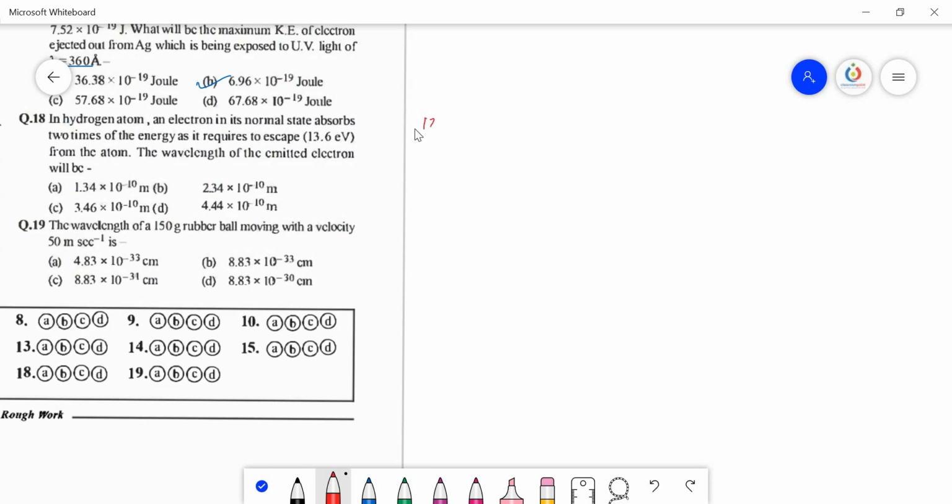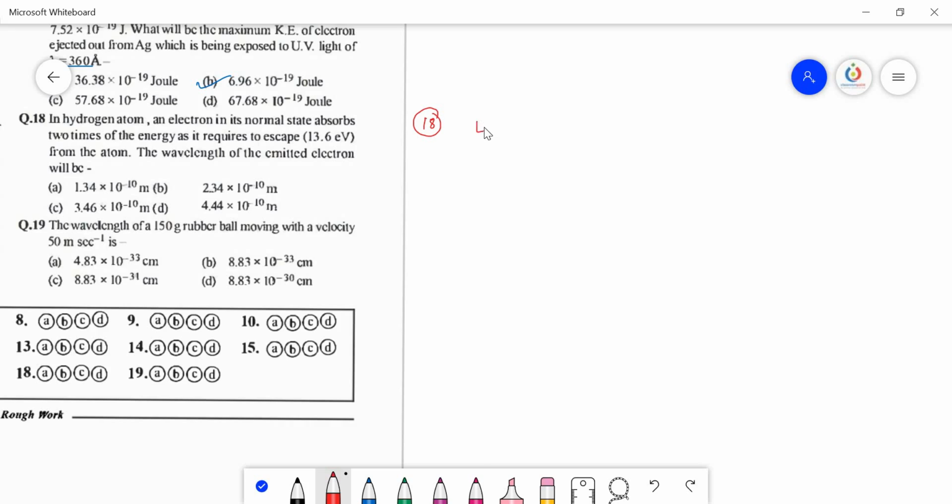Let's solve question number 18. In a hydrogen atom, an electron in its normal state absorbs 2 times the energy it requires to escape. This is the escaping energy, that is 13.6 electron volts, from the atom. The wavelength of the emitted electron will be.